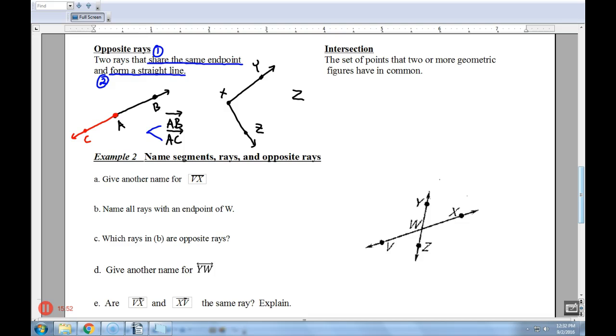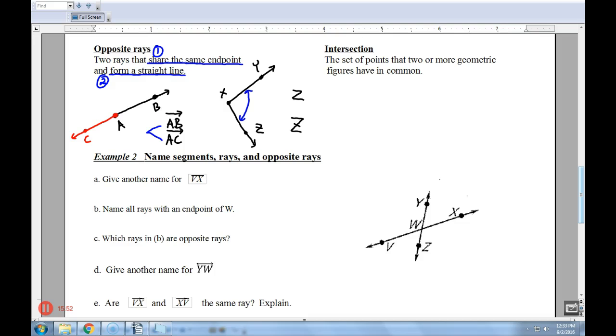It gets sloppy. So whenever I draw a Z, I always put a little slash through the center. But this picture wouldn't work because this is a violation of part 2. It does not form a straight line. This forms an angle that we're going to learn about later, but it doesn't form a straight line. So sometimes people think that these are opposite rays, but they're really not.